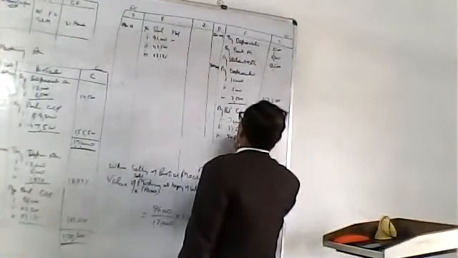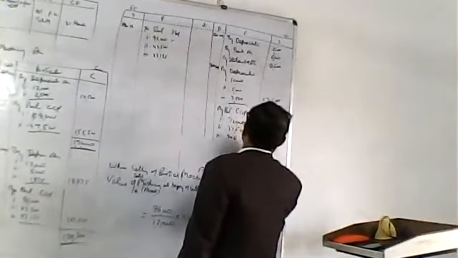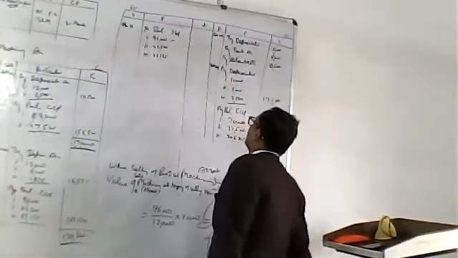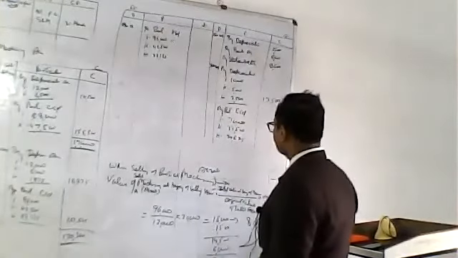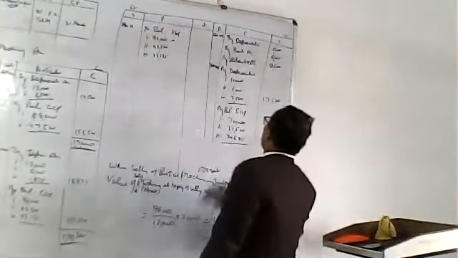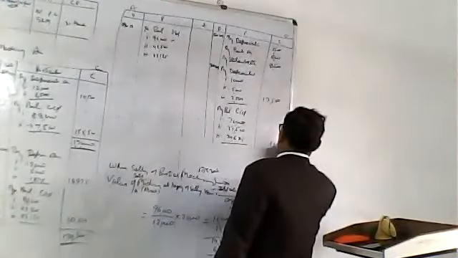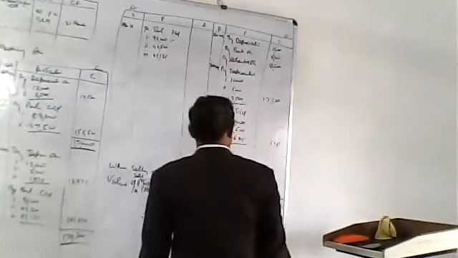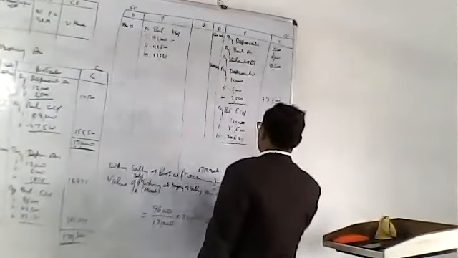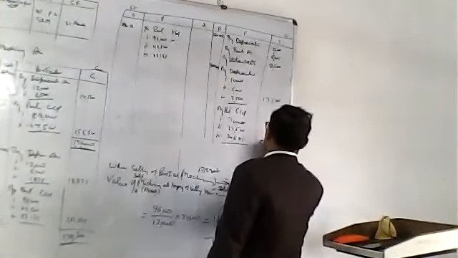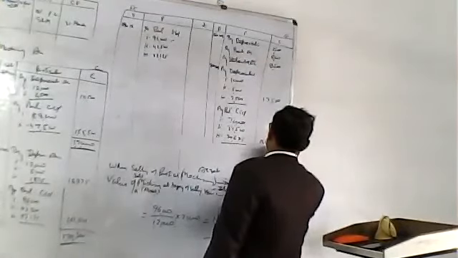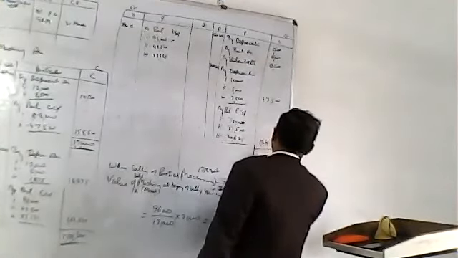What will the answer? 20,675. 625. Okay. This is the total balance. 1,28,005.